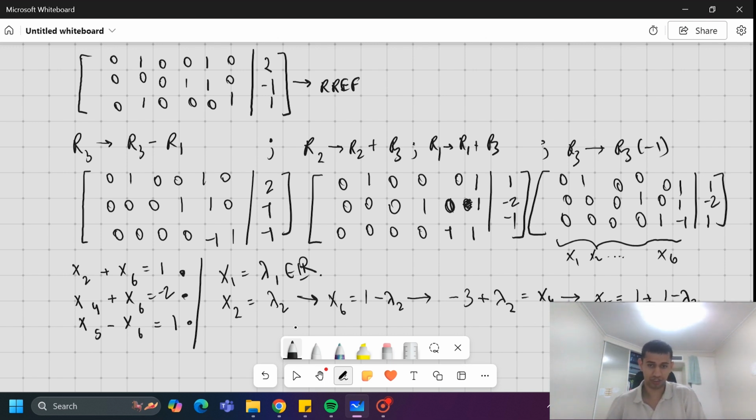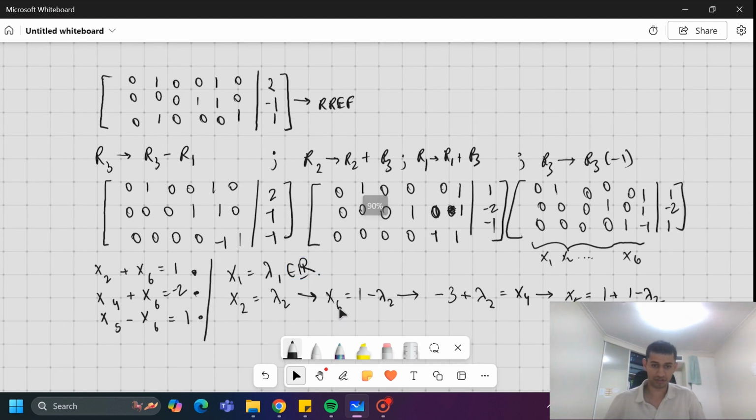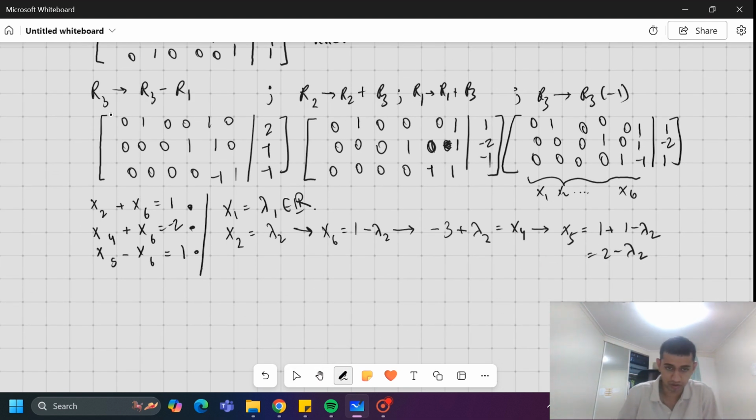So you have x1, x2, x4, x5, x6. x3 is again independent. It's just not there, so you can parameterize it as a different real number because it's independent. So x3 could be some lambda 3.